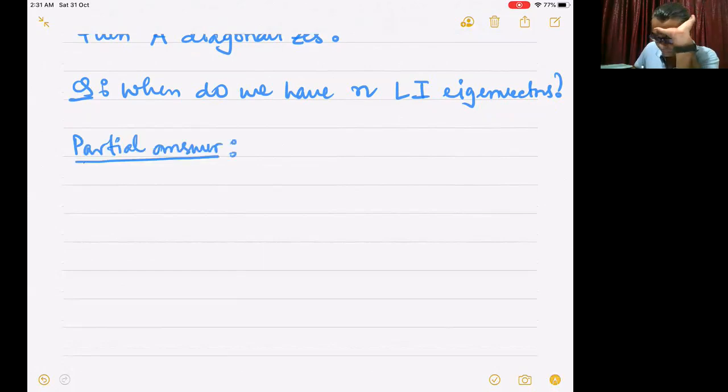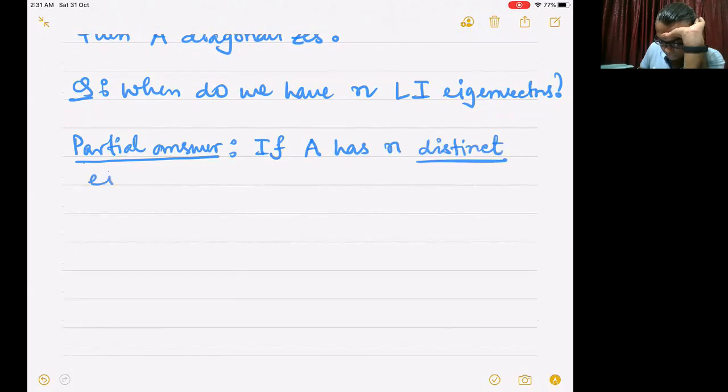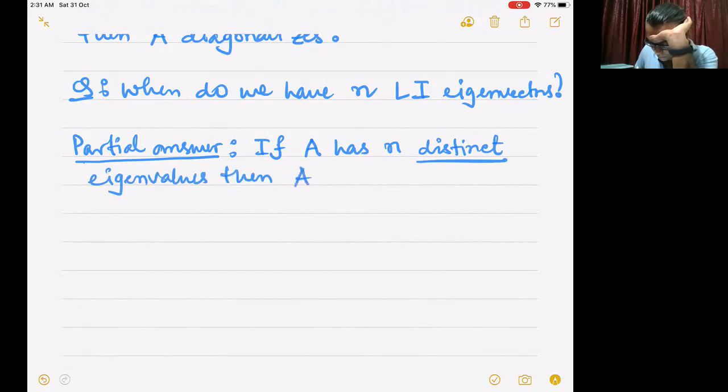The partial answer is the fact that if A has n distinct eigenvalues, where n is the dimension of the vector space, then A admits n linearly independent eigenvectors.